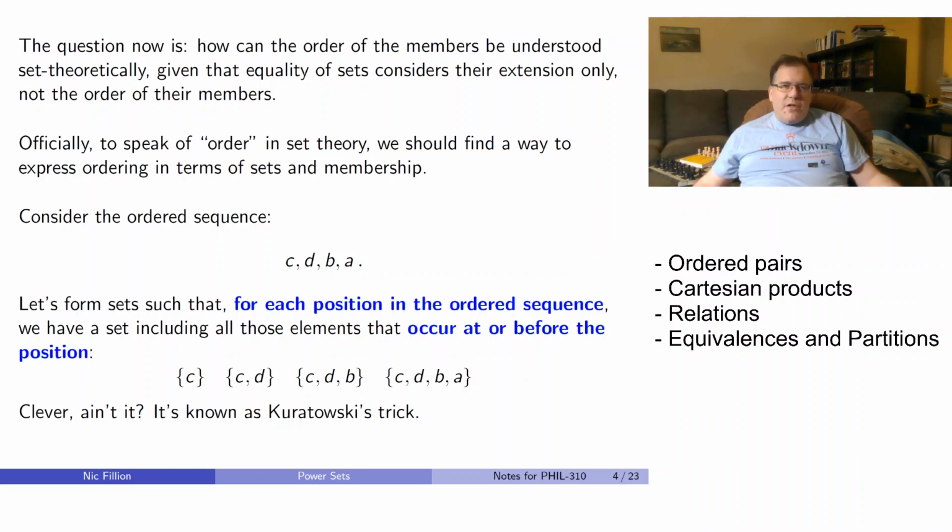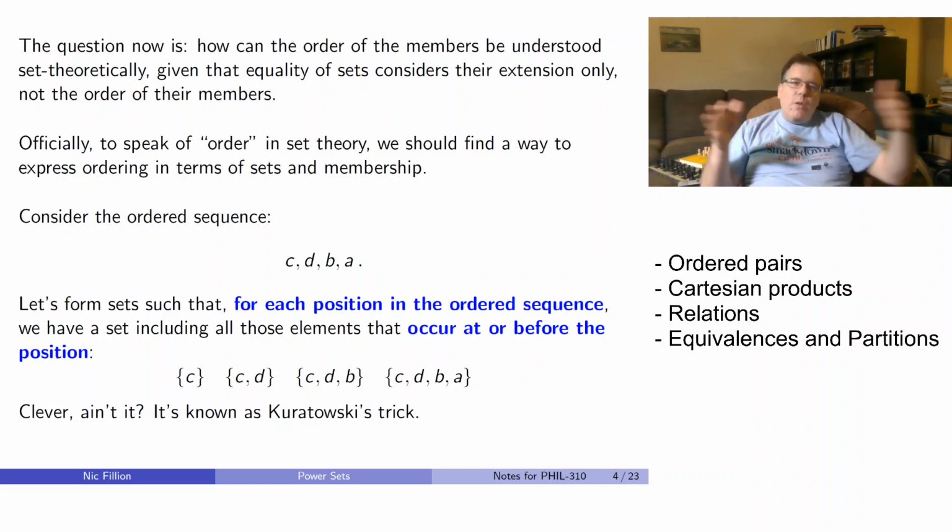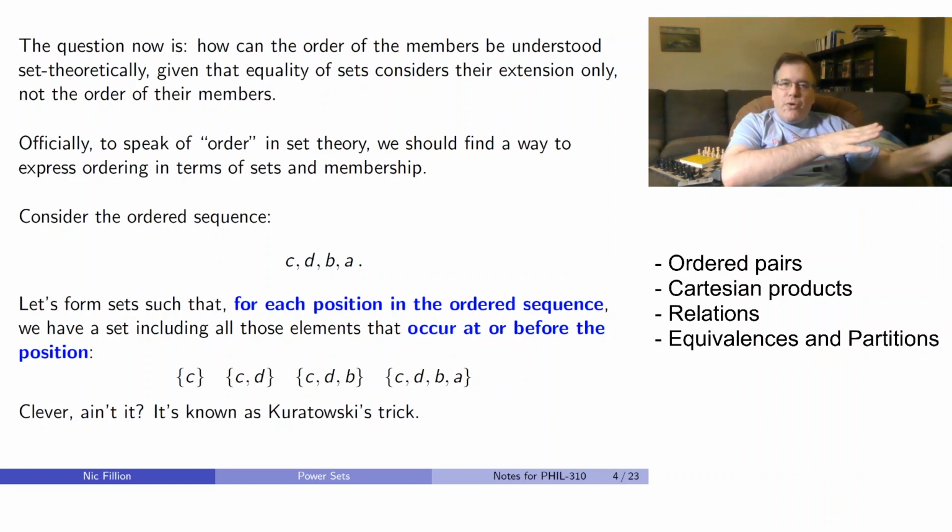So just consider the following ordered sequence where C is the first element, D is the second, B is the third, and A is the fourth. Now, the trick that we're going to use here is precisely this. For each position in the ordered sequence, we're going to form a set that includes all the elements that occur previously in the sequence.